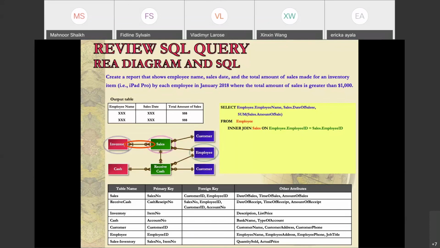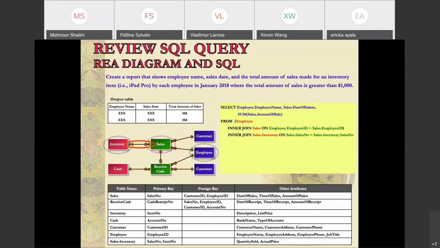Thank you. So next, we find out there is a relationship between the sales and inventory, right? We have a sales inventory table. So we got the sales number, right? So inner join sales inventory on sales number equals sales inventory dot sales number.